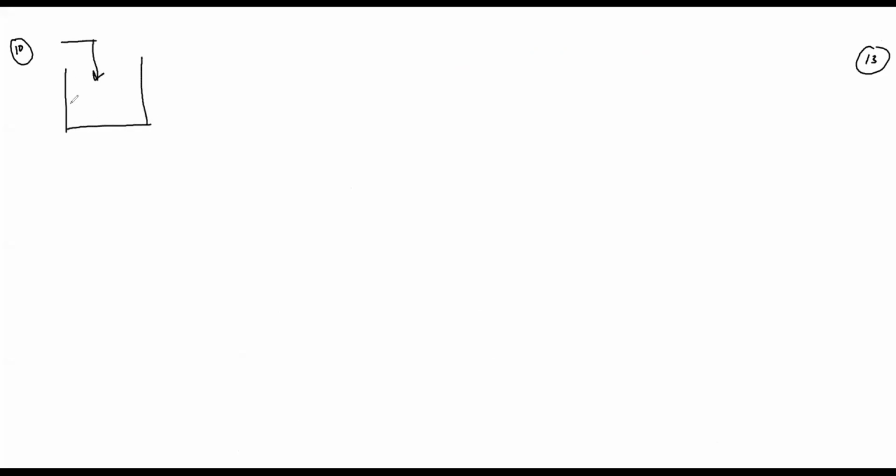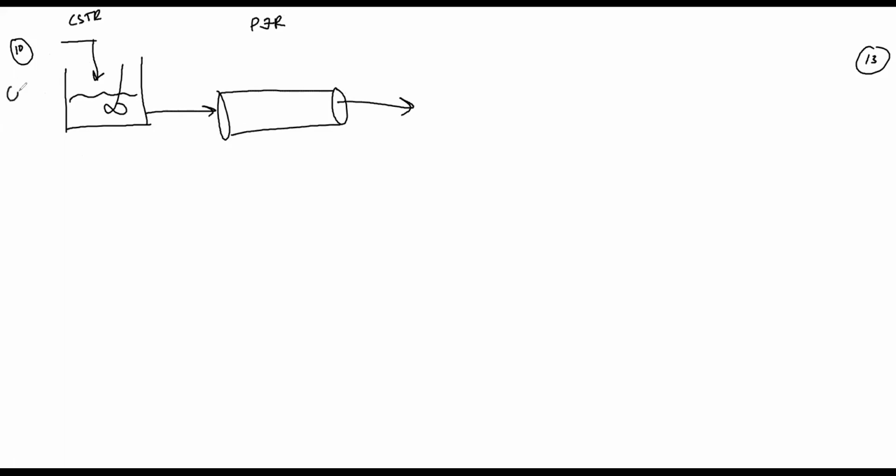I have a CSTR. The output of the CSTR enters a PFR, right? So this is a CSTR. This is a PFR. I'm given that CA naught is equal to 4.